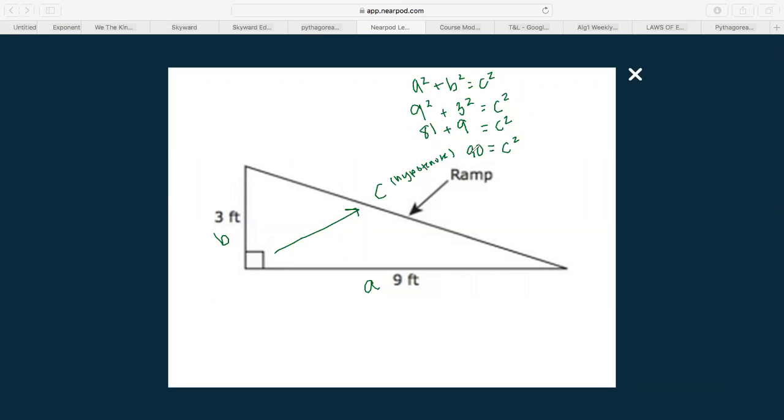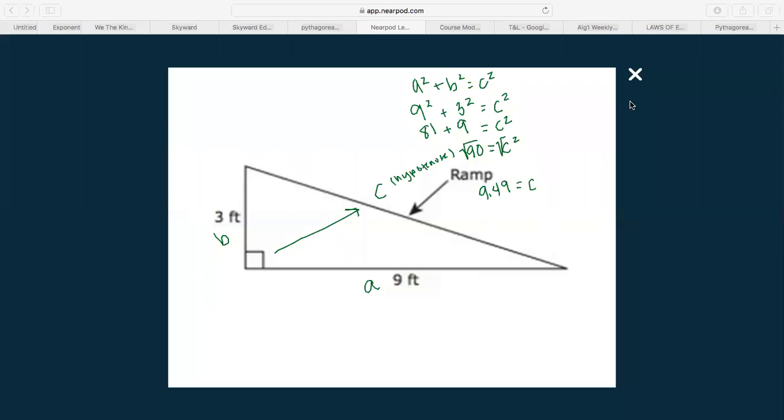So we would take the square root of 90, which gives us 9.49. Okay, so 9.5 equals C. Awesome job, Allie. Thank you so much.